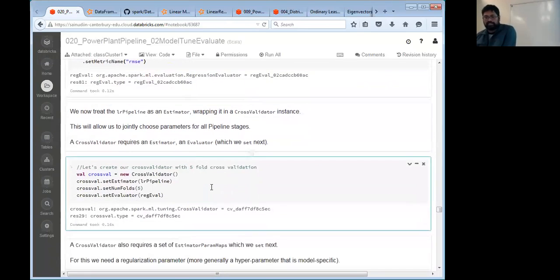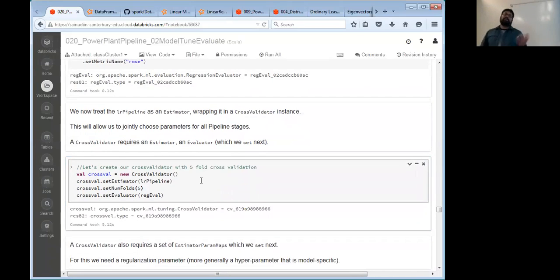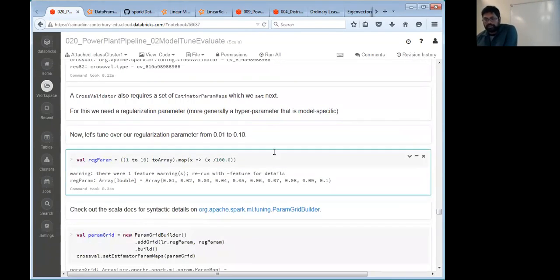Once I've done this, I can create a cross-validator with 5-fold cross-validation. It's going to take the data and do 5 folds of cross-validation, doing the validation for each fold. This is all about tuning. Here's my regression parameter. I'm going to make a tiny grid with regression parameter values from 0.01 to 0.1.